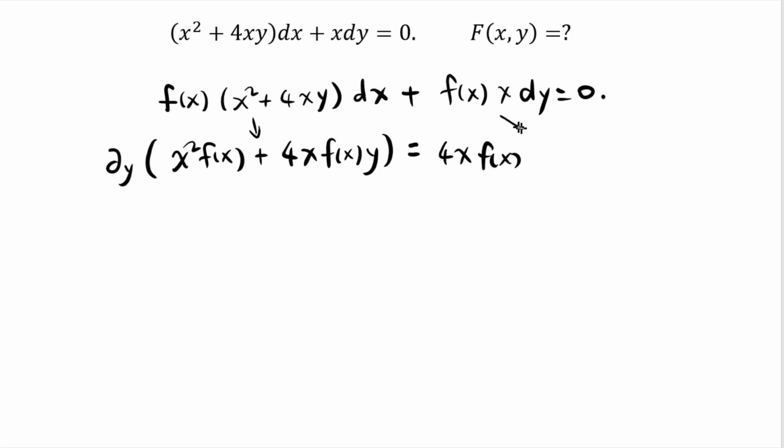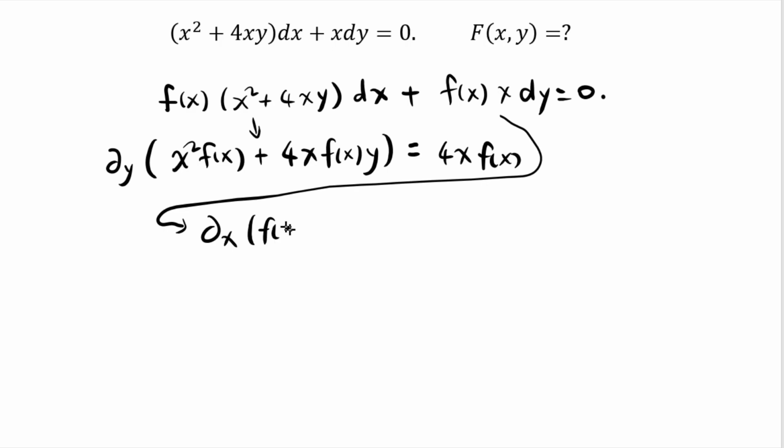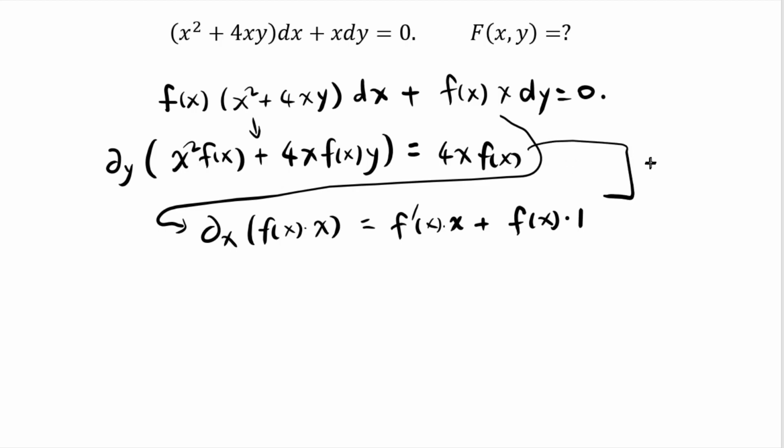On the other hand, if you take this one and differentiate by x, well, it's a product of two functions of x, so you need to use the product rule. And then you get f(x) times 1. And what we require is that these two have to be equal. Let's write down the condition and see what we can do.